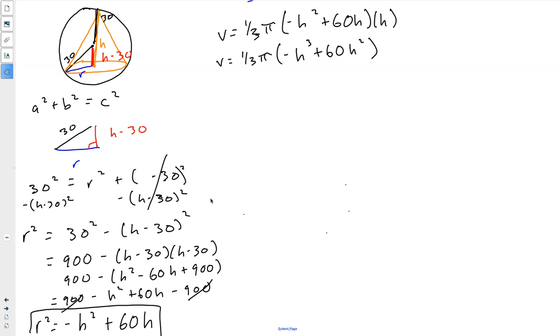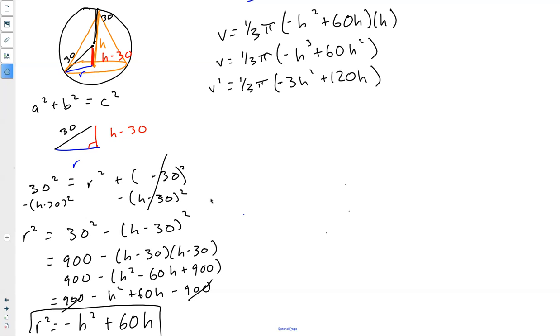Okay, so let's go ahead and take the derivative of this, so v prime. And again, we're only going to take the derivative of what is inside of the brackets, okay? So leave 1 over 3 pi alone, and then we're going to have negative 3h squared plus 120h is our first derivative.